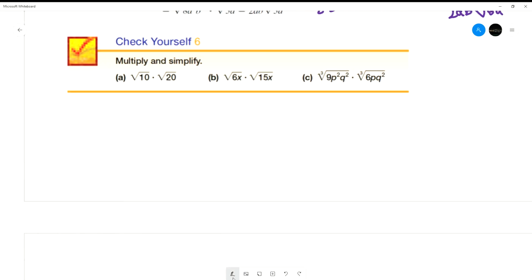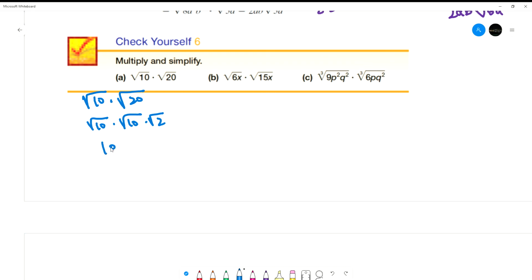So this is a perfect example of what I was just sharing. Root 10 times root 20. I want to look at the different radicals that are there, and I see in root 20 there's a root 10, right? There is a root 10 times root 2. So this makes it a little easier for me to visualize.